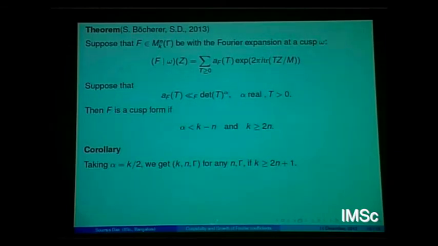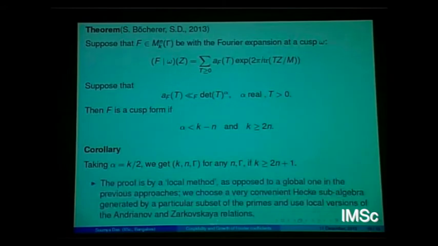So this is something I wanted to say, and this proof is quite different from our previous approaches. The proof is by a so-called local method, by which I mean, as opposed to the global ones in the previous approaches, where we used some Andrianov identity.